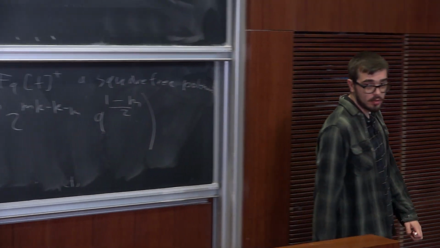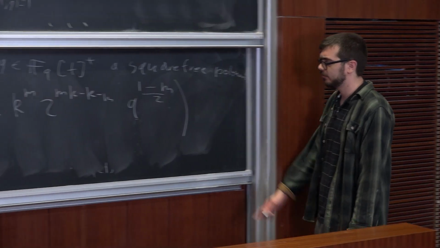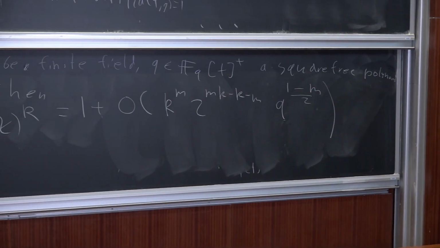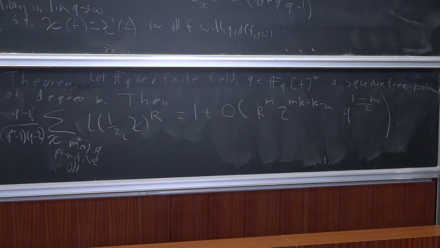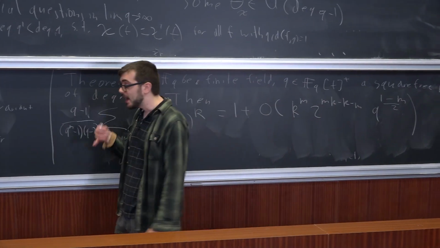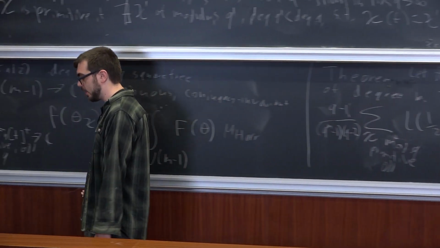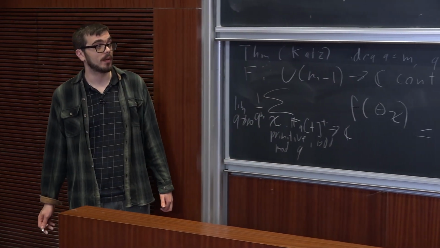And this constant here is totally absolute. It doesn't depend on q, on m, or even on k. And I could probably tell you what it is. It's like 5 or something. It's not very large. So what is this saying? This is considering a moment problem, an average of a power of L(1/2, chi), but not the most common type of moment problem.